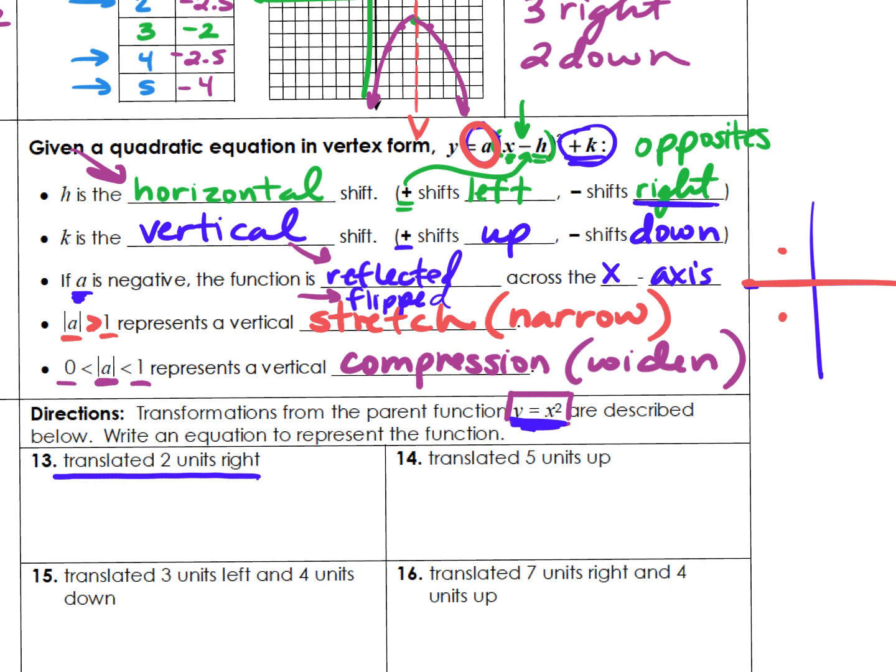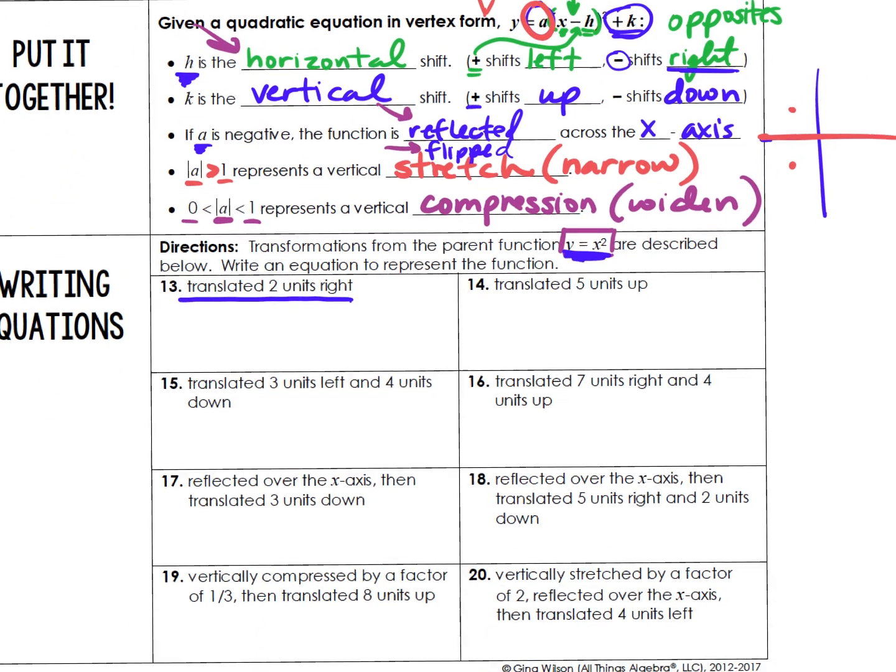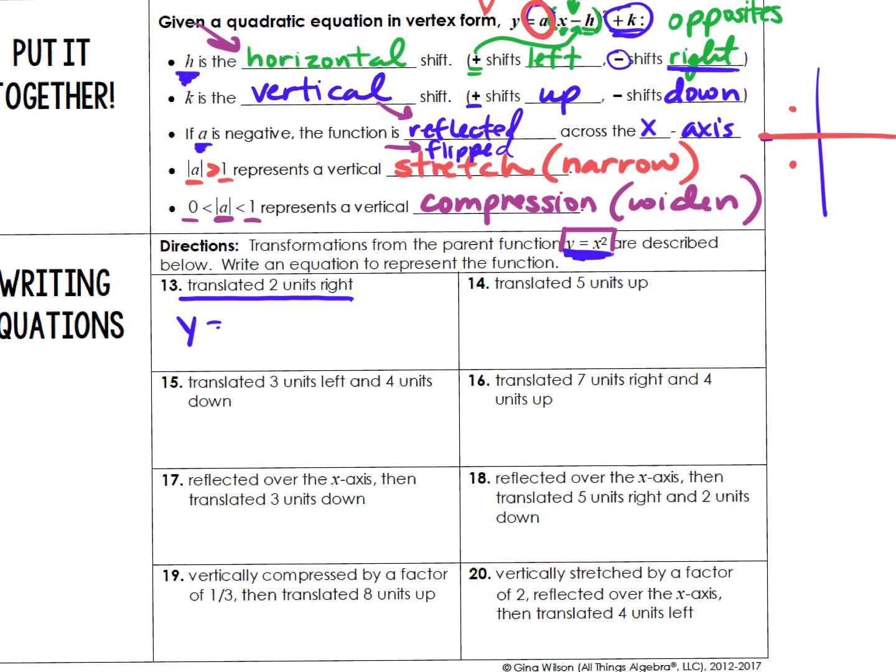If you're going to go to the right, it's going to be a negative for your h, right? So y equals, there is no a value. It told us nothing about flipping. It told us nothing about compressing or stretching, any of that. So you don't need to worry about that. 2 to the right is going to be minus 2.